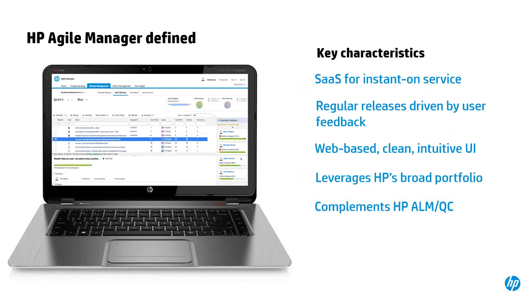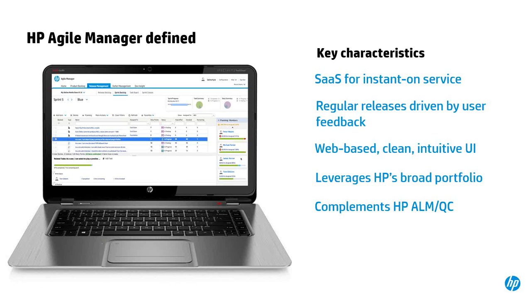Some of the key characteristics for it is that you can have this software as a service, so it's instant on. The minute you sign up, an environment can be available for you. Or you can also have it as an on-premise product. We develop it agilely, hence its name.